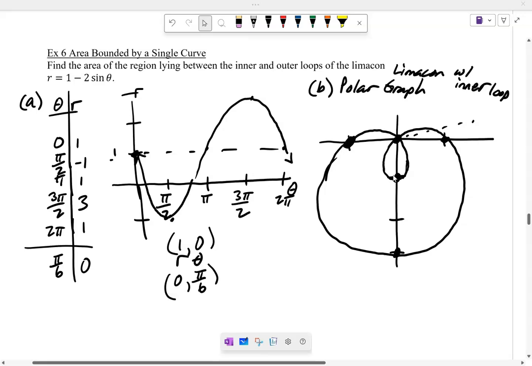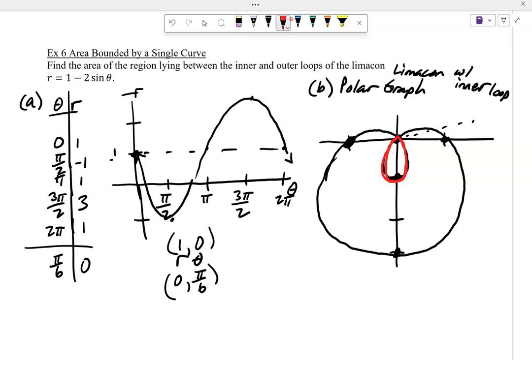Now what we're trying to do is find the area of the region lying between the inner and the outer loops. So let me do that inner loop there in red, okay? And for this inner region, the inner loop would go, let me put on this point here, 0, pi sixths.